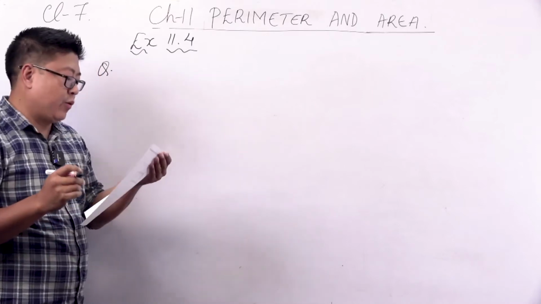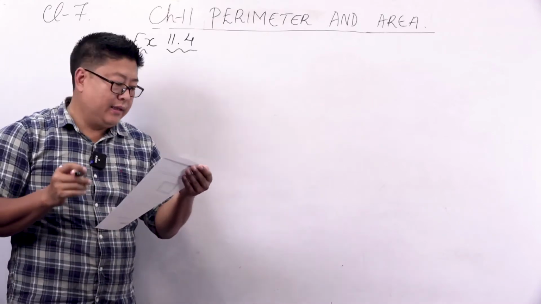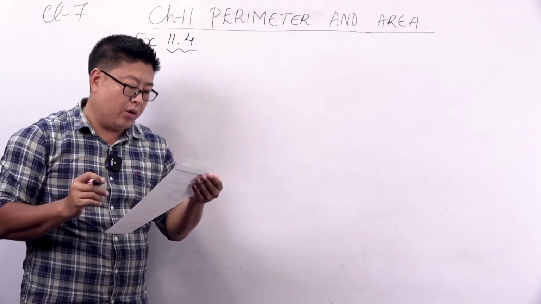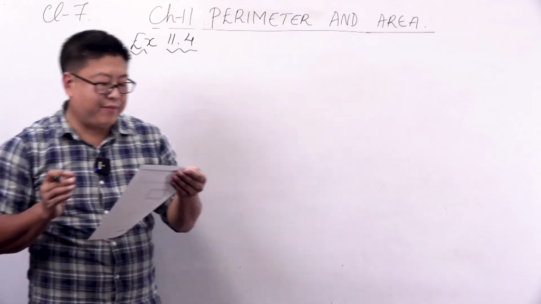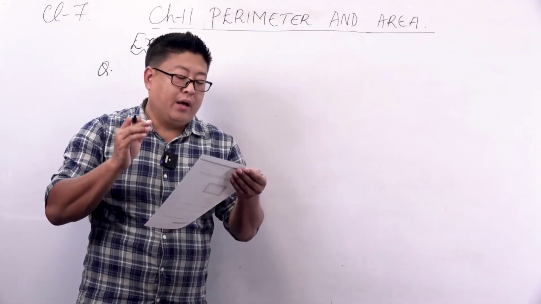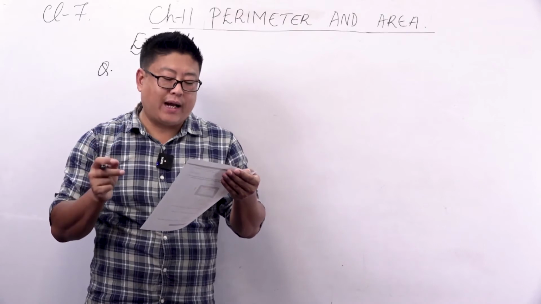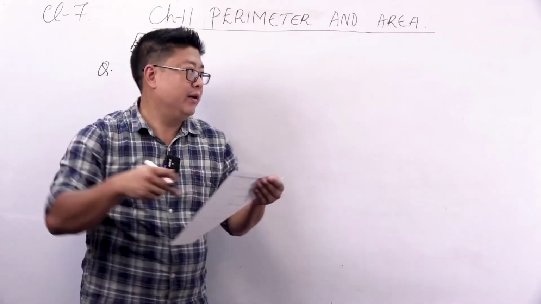Now, the question is, a garden is 90-meter long and 75-meter broad. A path 5-meter wide is to be built outside.